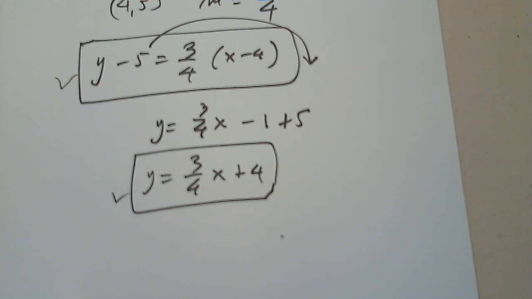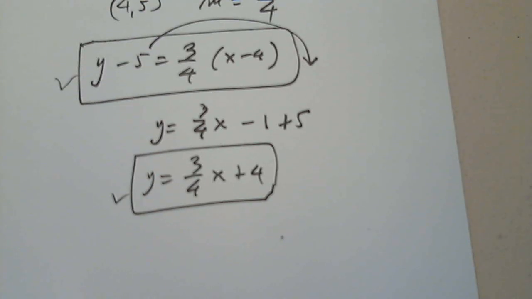I see 2 points. I see this point, easy to read, and I see this point, very easy to read. It's right at the corner of the grid. So can anyone give us the rise and the run, which is the slope of this line?